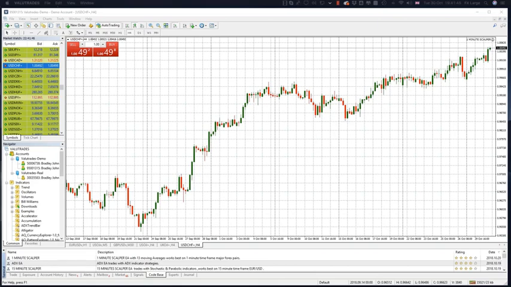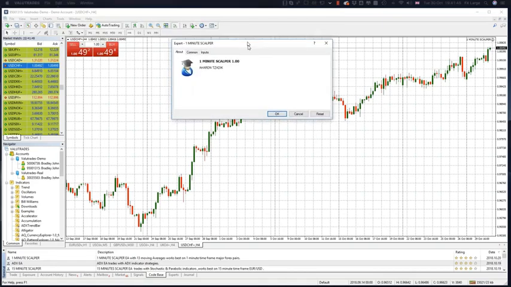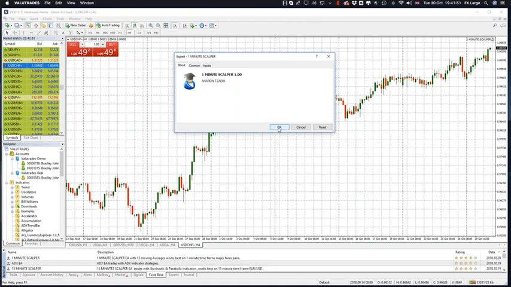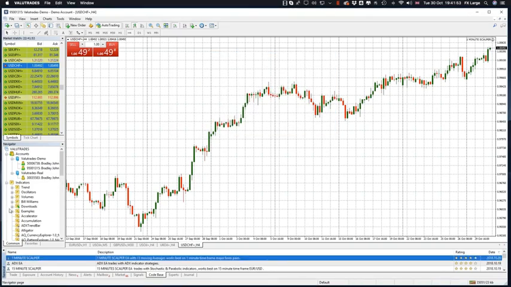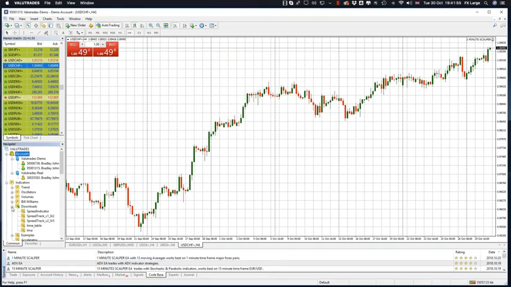We get a dialog box. We can click OK. And we'll find it in our downloads in the Navigator. I like to use a thing called Spread Indicator that I've downloaded. I'm going to show you very quickly what that does.